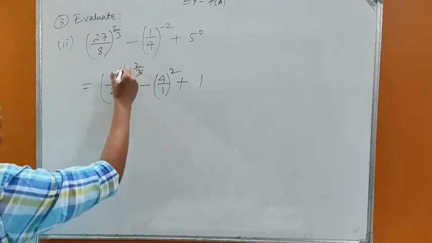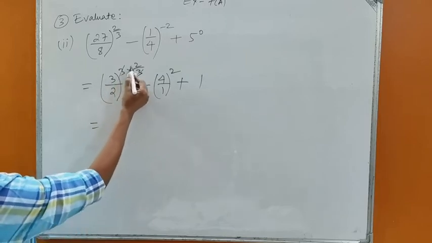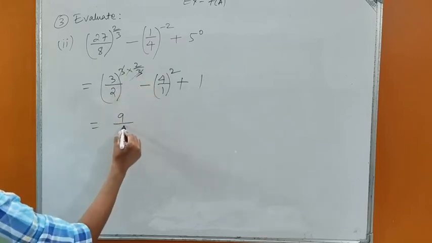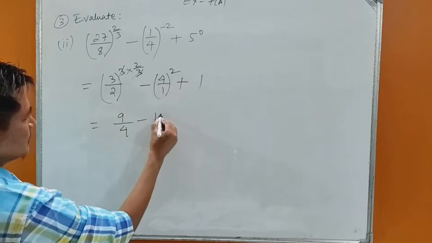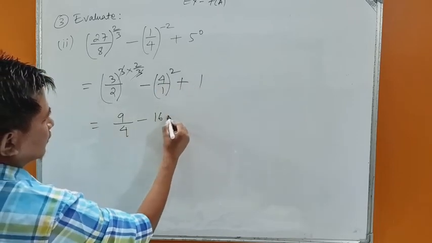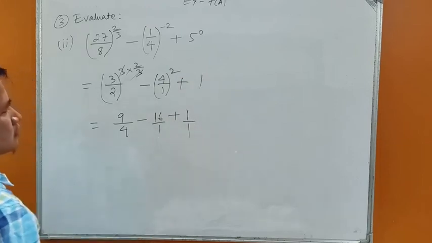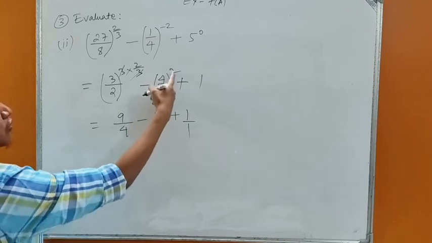Now this 3 and this 3 can be cancelled. So 3 square means 3 3s are 9, 2 square means 2 2s are 4, minus 4 square means 16, plus 1. 1 square means 1, needless to write this one. So this square applies to 4. 4 square means 16. 1 square means 1.